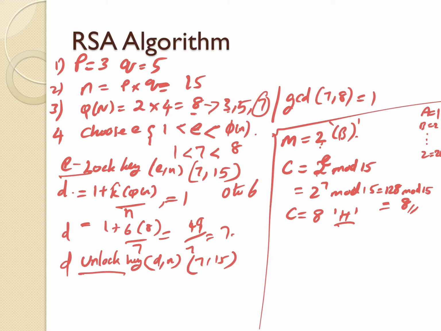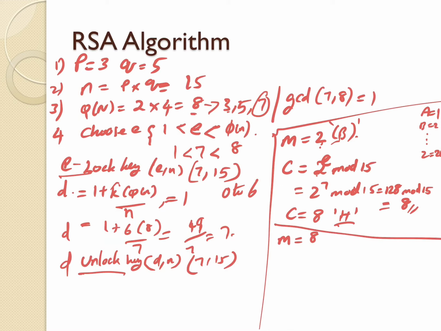Now we are sending this H into the network. On the receiver side, they decrypt this data, converting H back to B. So the message now becomes 8. We use the same formula, message to the power of e mod 15, for decryption.